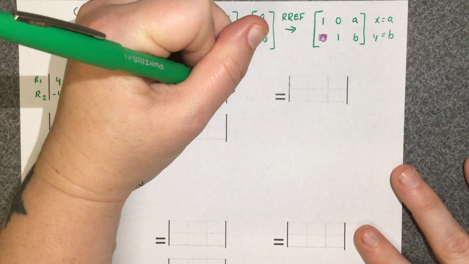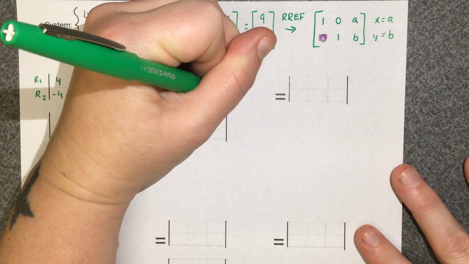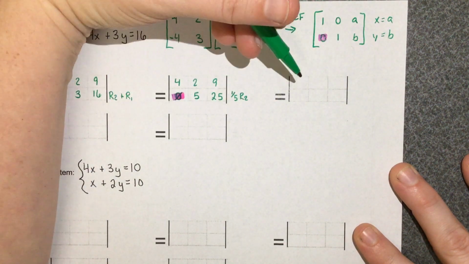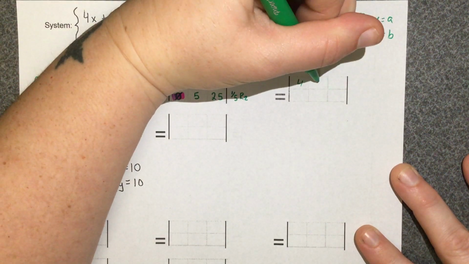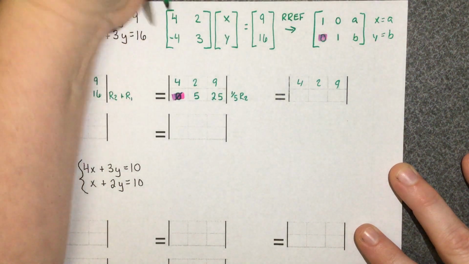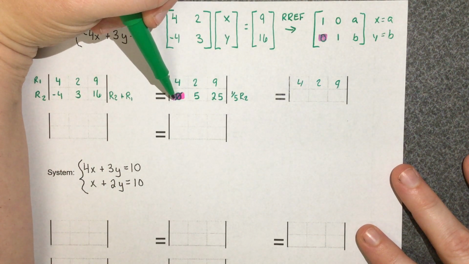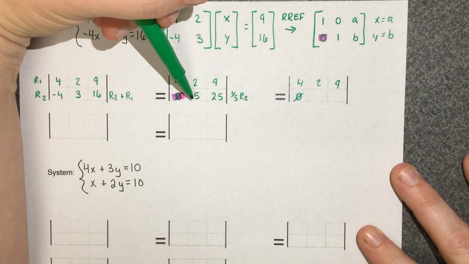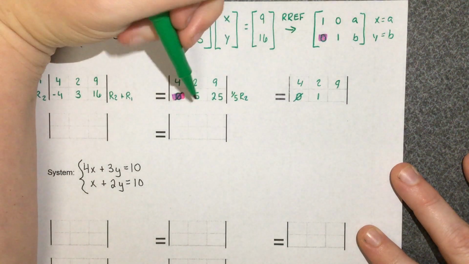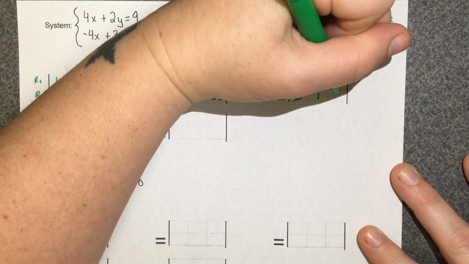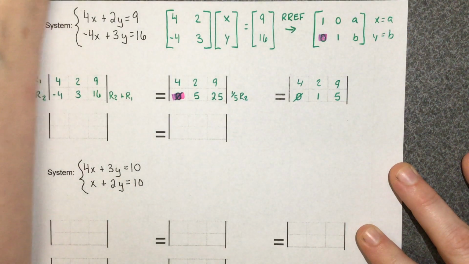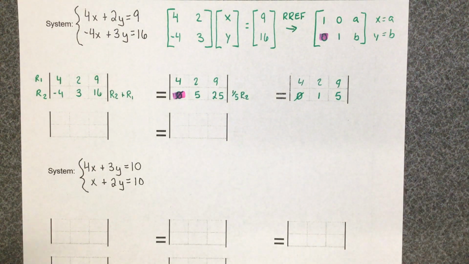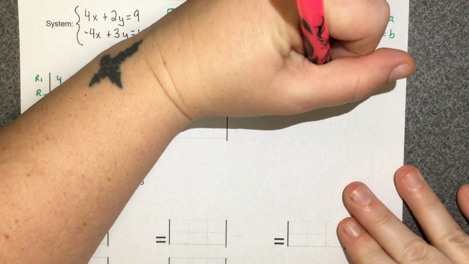I'm going to take 1/5 of row 2. So I'm not affecting row 1 at all. I'm saying 4, 2, and 9 are unaffected. But when I divide 0 by 5, I get 0. When I divide 5 by 5, I get 1. And when I divide 25 by 5, I get 5. And now I am another step closer to reduced row echelon form.